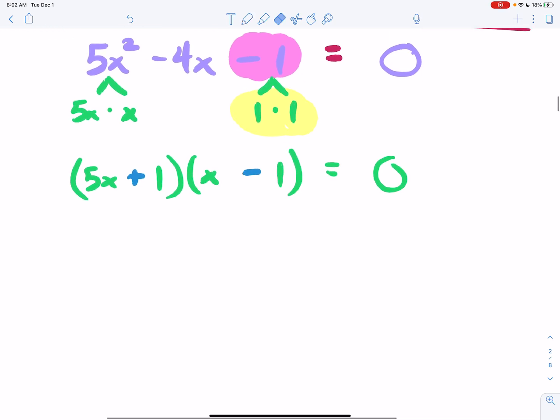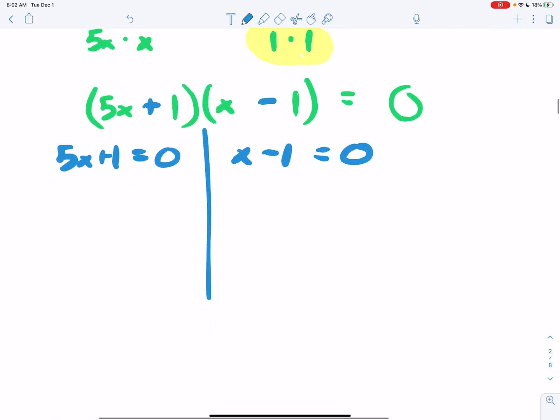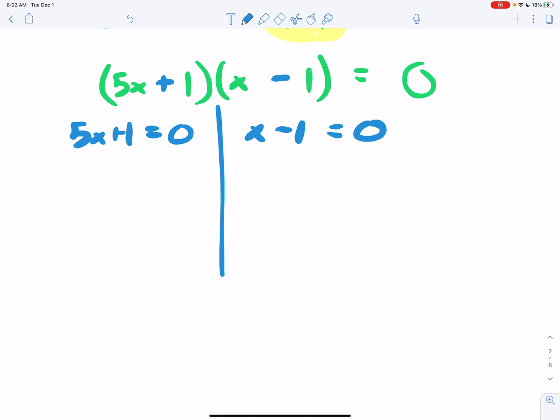Now that we have a product, something multiplied, that's equal to 0, we can use the zero product property, which allows us to split or set each factor equal to 0. And I'm going to write it out here because it's not so obvious as to what the 0 is going to be. So here it's very obvious, because all you would have to do is think of the opposite.